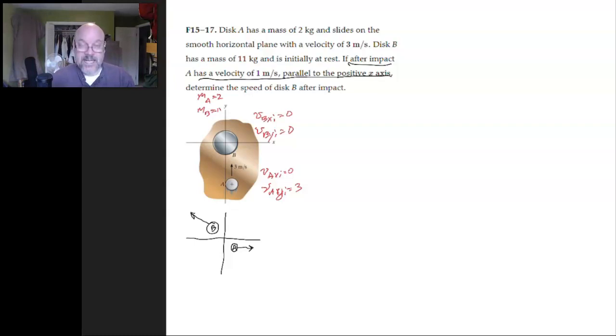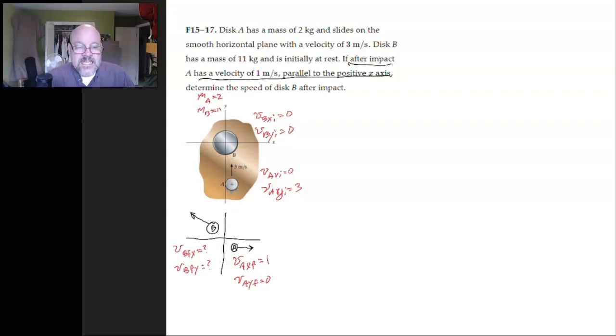So now I want to do the same thing with the after impact components. So VAX final, that's 1, but VAY final is 0. But then I've got some VB final X, which we don't know what it is, and some VB final Y, which we also don't know what it is, okay?